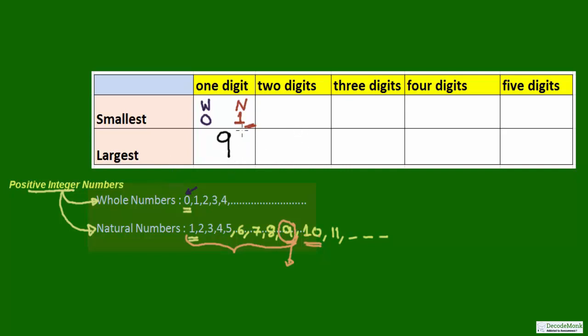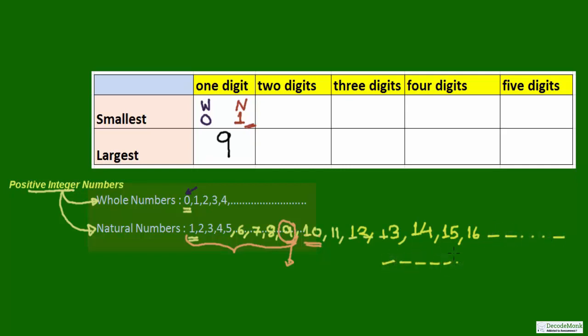Now let us discuss the smallest two digit number. Again, if we increment the numbers on the number line, next will be 12, 13, 14, 15, 16, and so on.